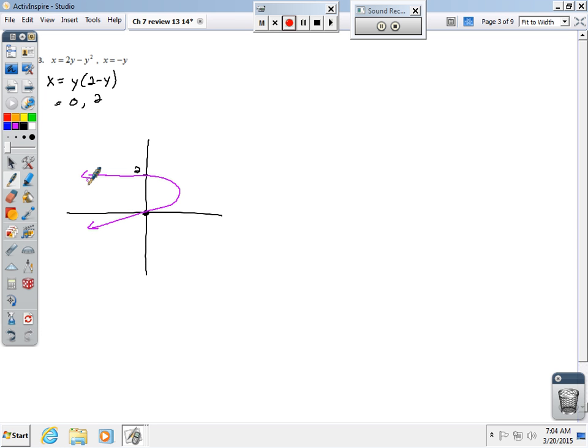Opens to the left because the y squared is negative. And then the next graph, which is really just y equals negative x, is this graph like this. So this is y equals negative x, and that's the other one. All right, and we're going to find the area in there.